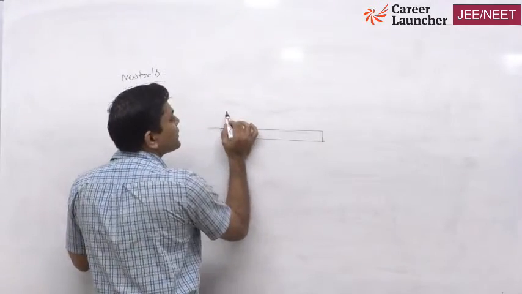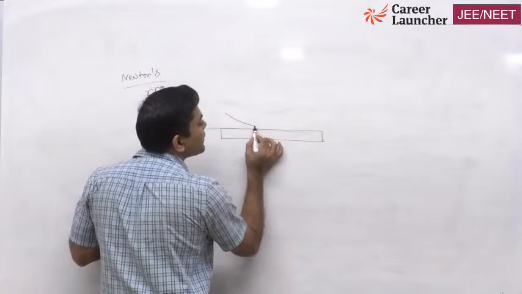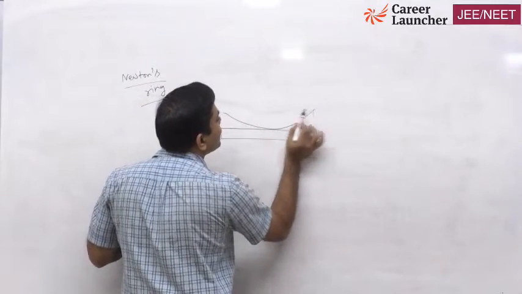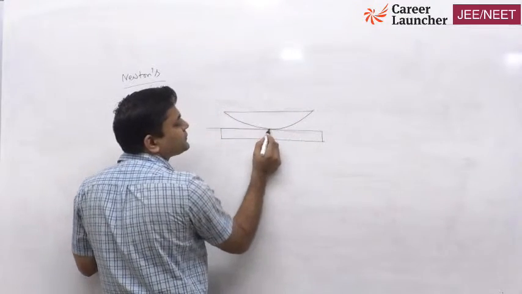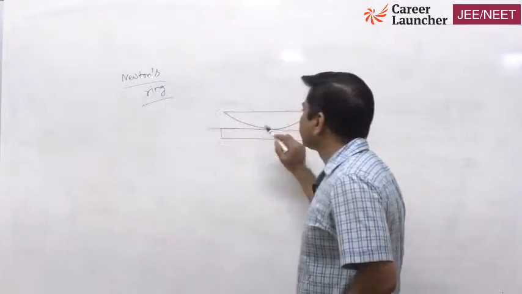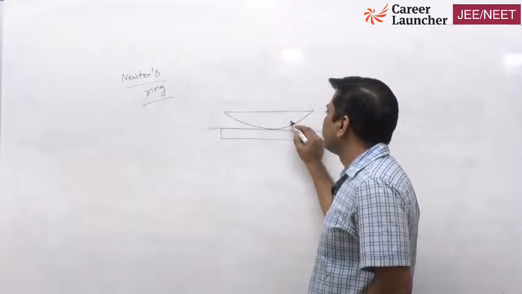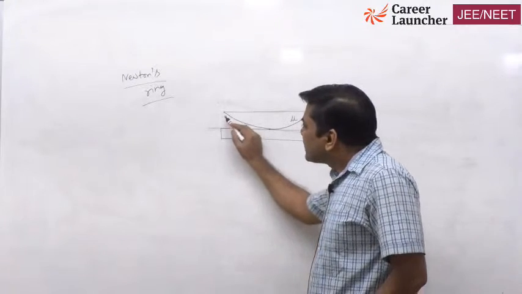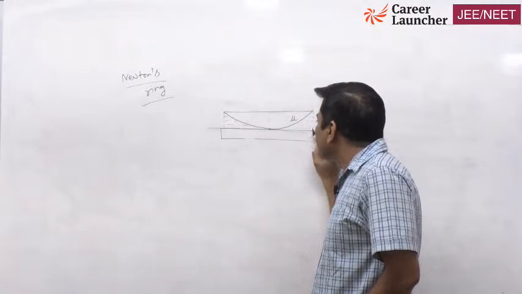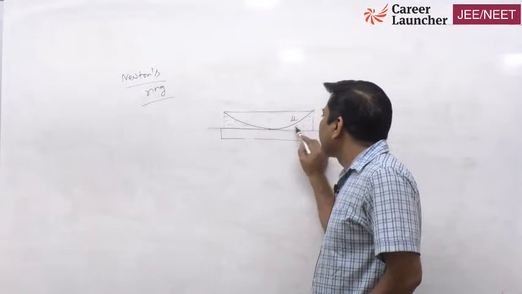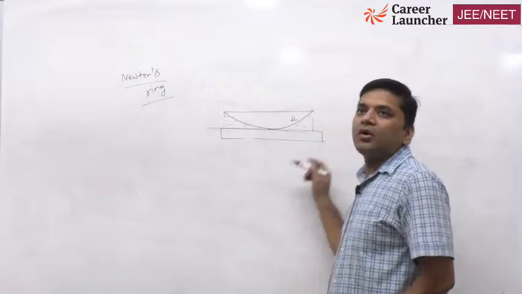Here we will place one plano-convex lens having value mu. You can see that here the air is trapped. Just I will write it over here, which is a concave lens.